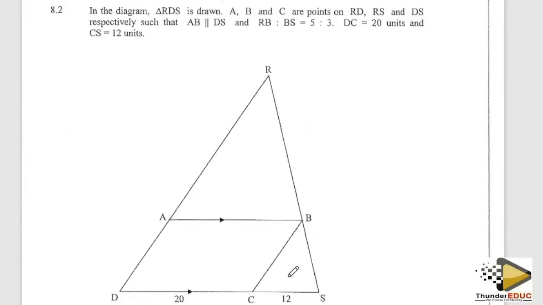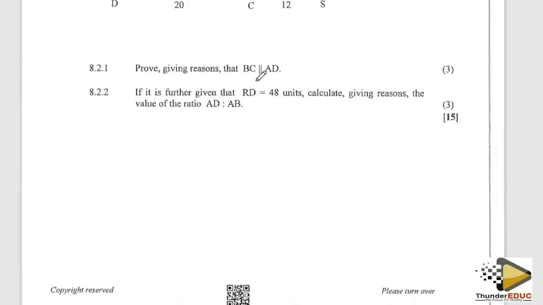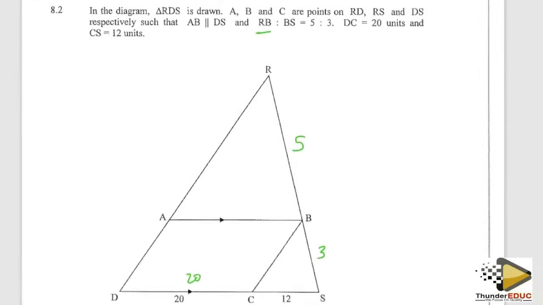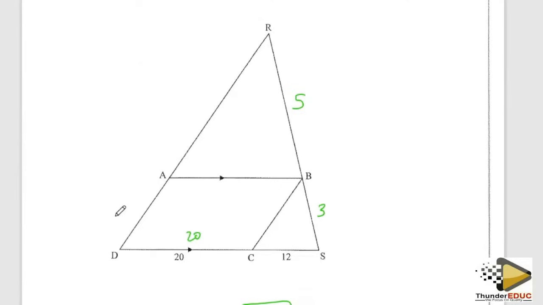AB is parallel to that. The ratio of RB to BS is 5:3. And then BC is 20. Can we prove that BC is parallel to AD?